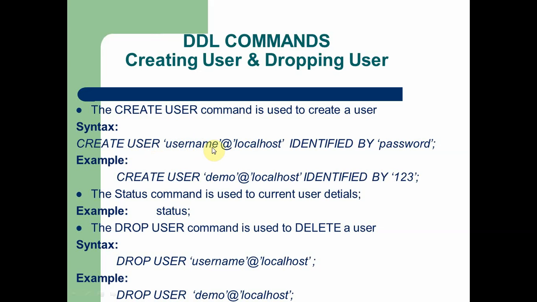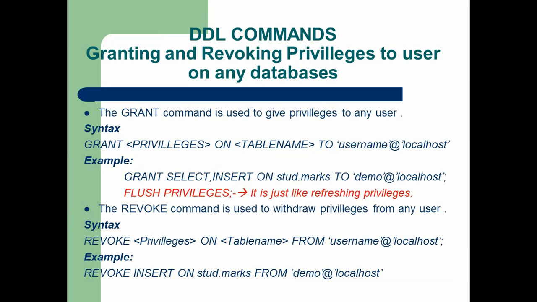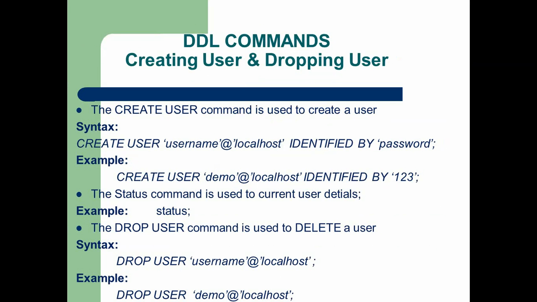Here you specify the username at localhost. Localhost means you specify the server system's IP address if you are in a network. If you are using MySQL in a network, then you should use the server IP address here. If you are using MySQL in your own standalone system, then you can use localhost.